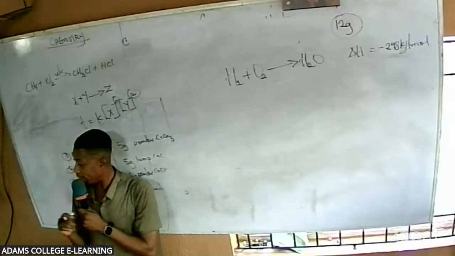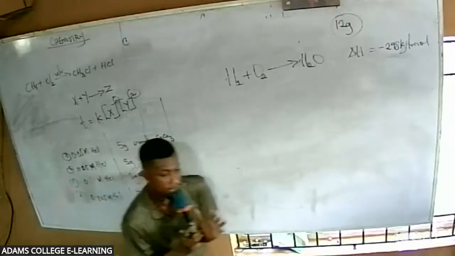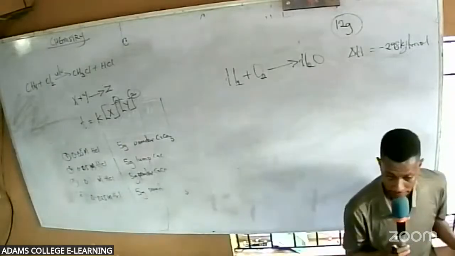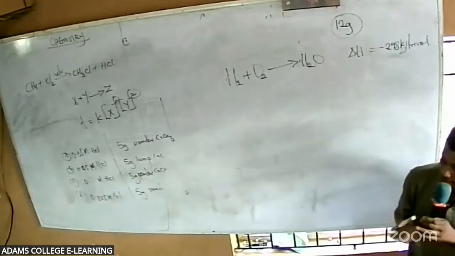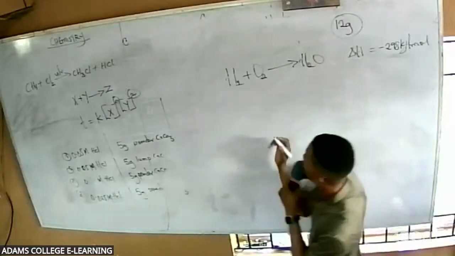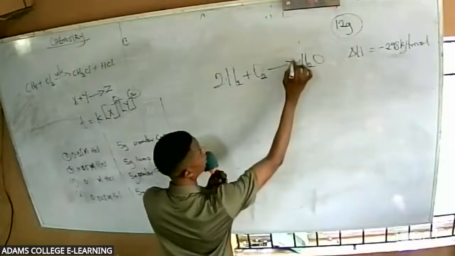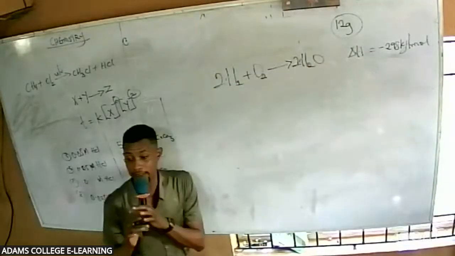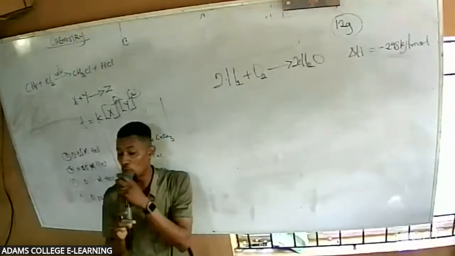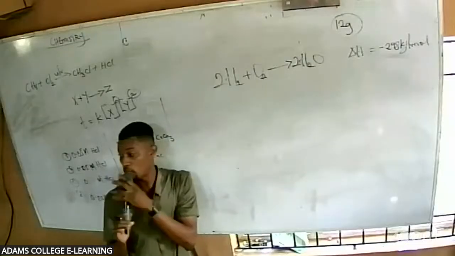When you see questions like this, don't be scared, all you have to do is keep your composure. Now, understand this. In this equation, is the equation balanced? No. They will put 2 here to balance. This is why you're having issues with calculation.